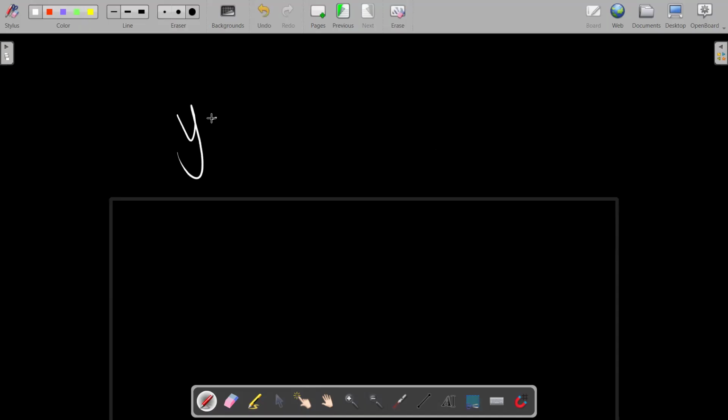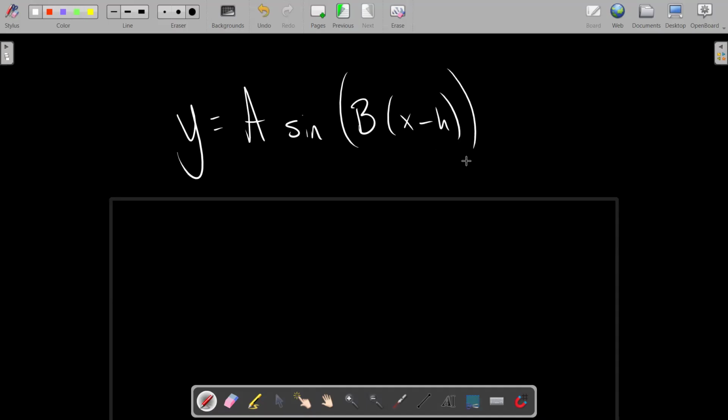Write this down. This is it. I mean, this is everything we could possibly do to a sine or a cosine function, these, what we call transformations.